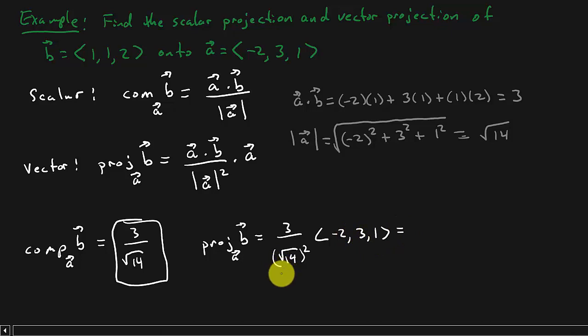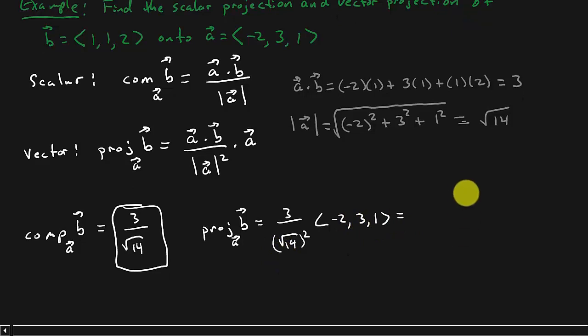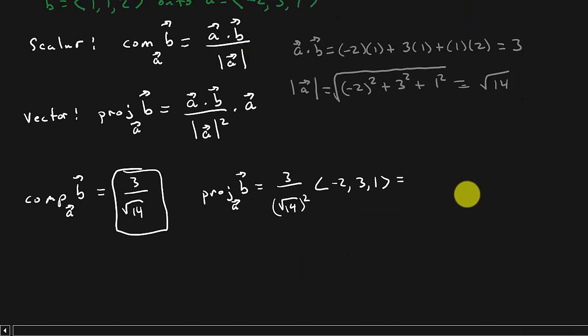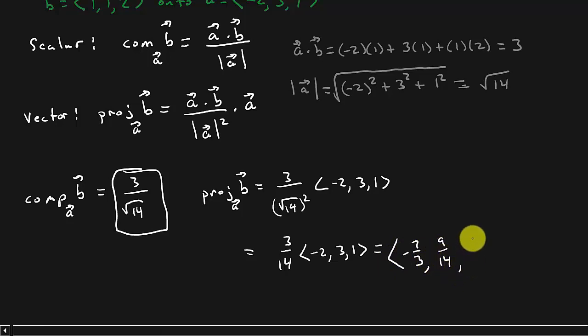And so this is equal to 3 over 14 times -2, 3, 1. And that is going to end up giving me -6 over 14, 9 over 14, and 3 over 14.